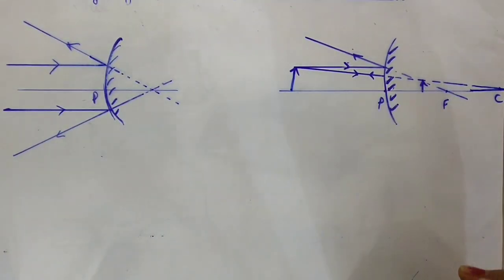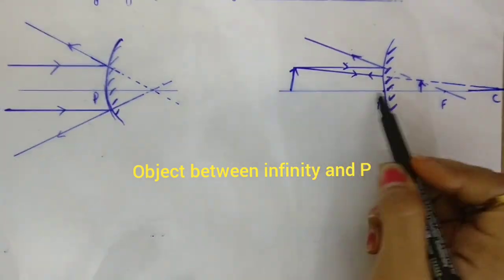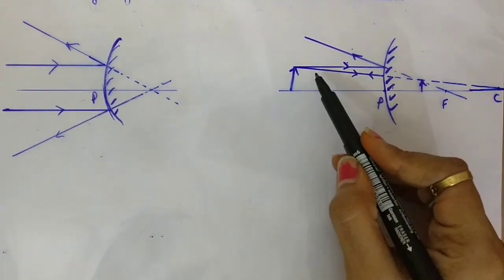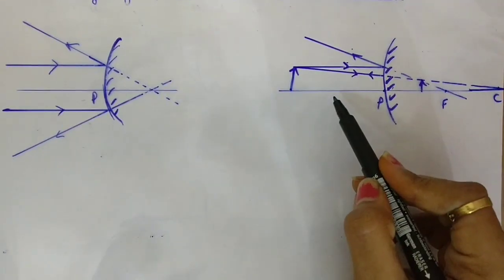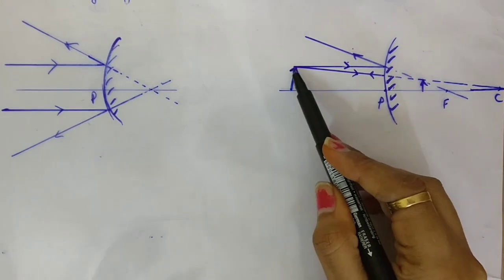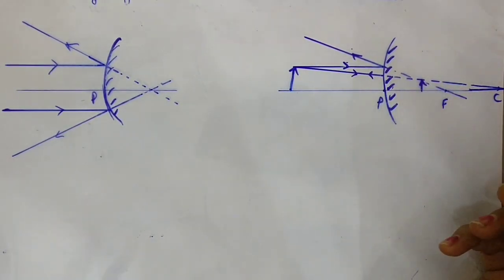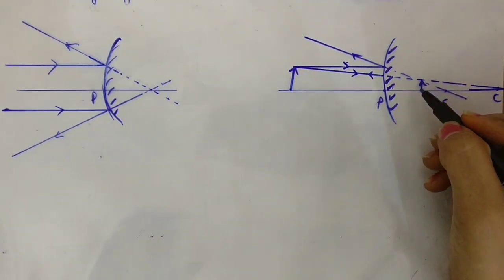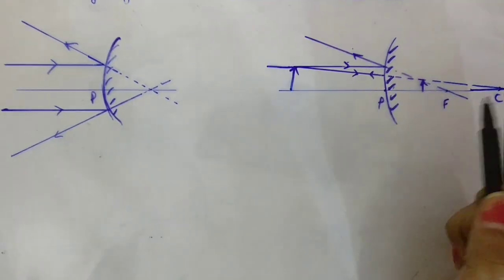Another case is if the object is somewhere between infinity and the pole. This distance can be any known distance. So we are going to take two light rays, one which is parallel to the principal axis and another ray which appears to go in the line so that it can intersect the center of curvature. But in this case again the rays are going away from each other.